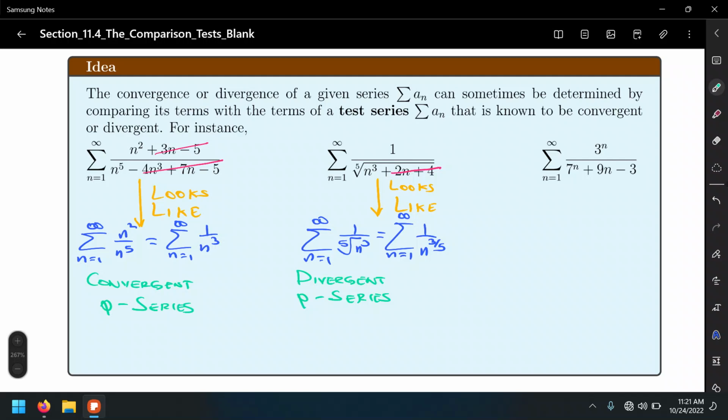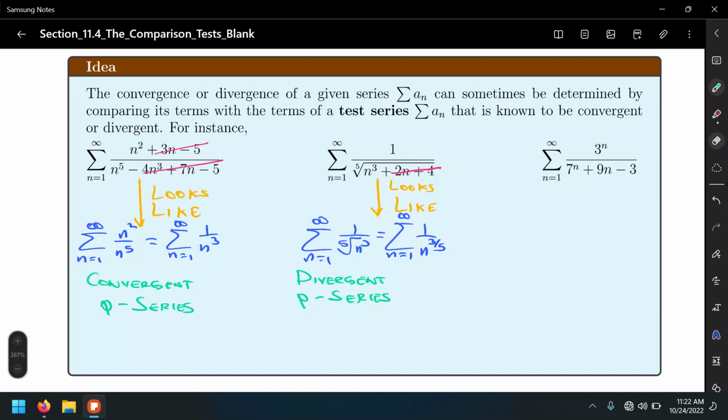So yes, we have a polynomial 9n minus 3, but we also have an exponential function. So in this case, we're not going to look at the highest degree. In this case, we're going to compare the order of the functions, that is the order in increasing. It turns out that we have exponentials and polynomials, so the highest order functions are the exponentials.